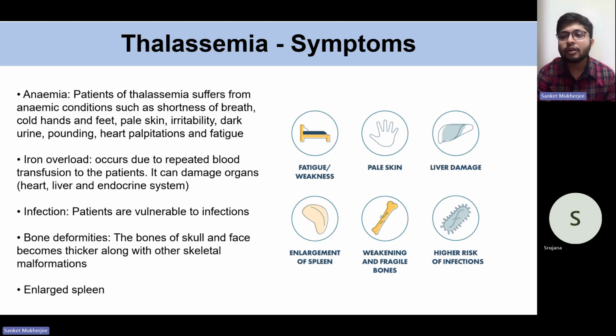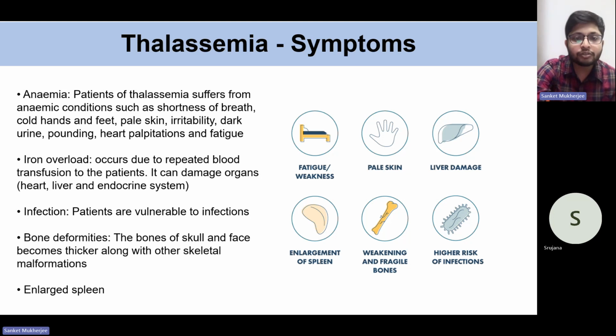So what happens when there are regular blood transfusions? There is accumulation of iron in the body. So that causes problems. So there could be infection. Since they are getting transfused blood, there are immune problems that arise due to this. There could be bone deformities and enlarged spleen. So these are the symptoms of thalassemia.